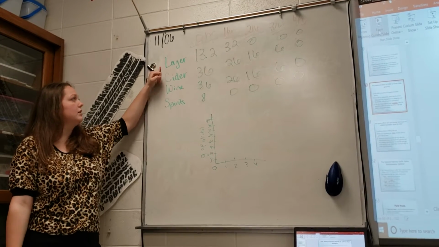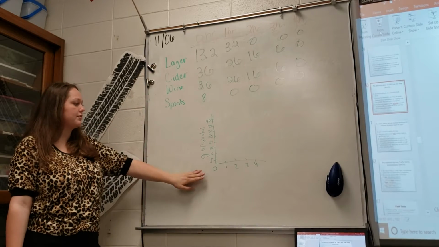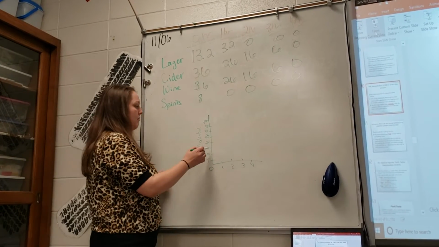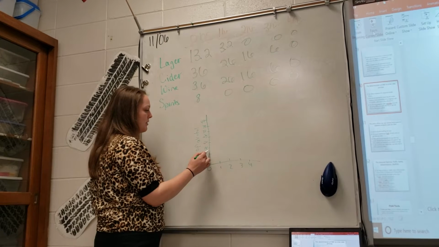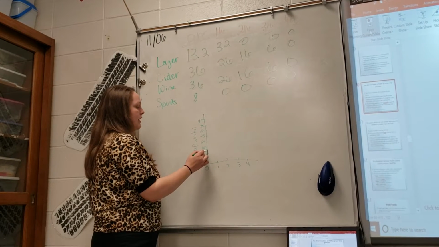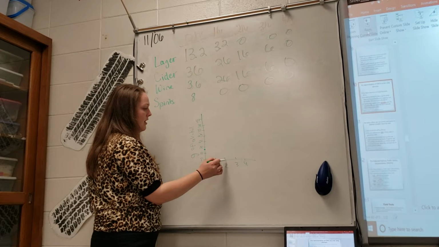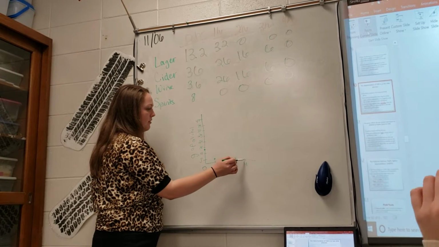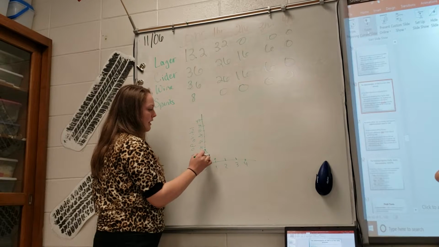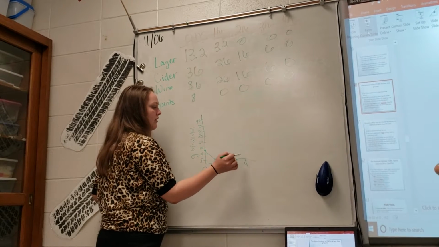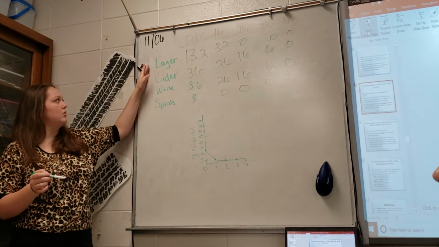So for the first one, when you're starting off with lager, you start off at 0 hours, which is 13.2. So I put mine about right here. Then 3.2 is hour 1, so that's gonna be down here. And then the rest of the hours are 0. So your line's gonna look like this right here. And I just did that in one color for lager.